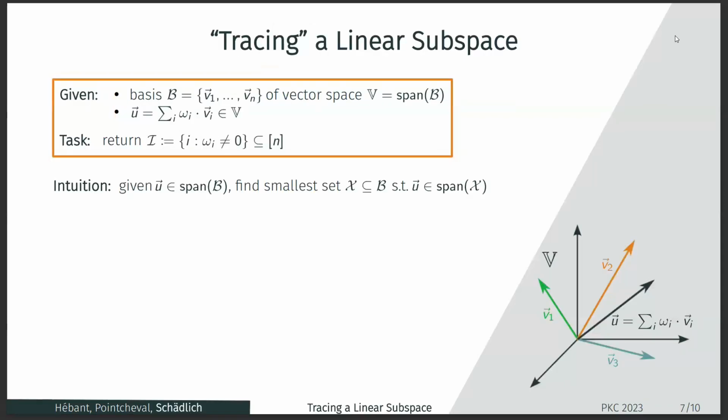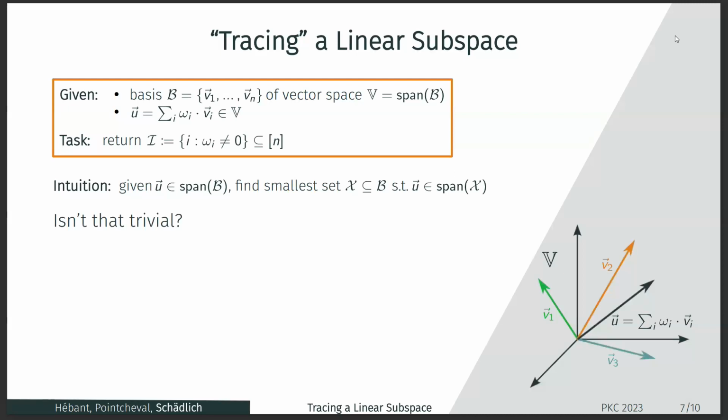And the intuition why we call this linear subspace tracing is that essentially we would like to find the smallest subset X of the basis such that the vector u still lies in the span of the subset. So in some sense, we would like to find the smallest subspace of the full vector space V that still contains the vector u.